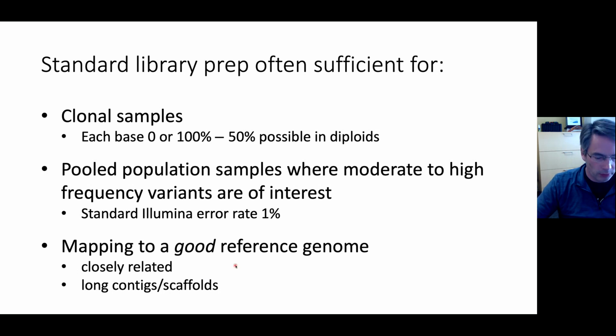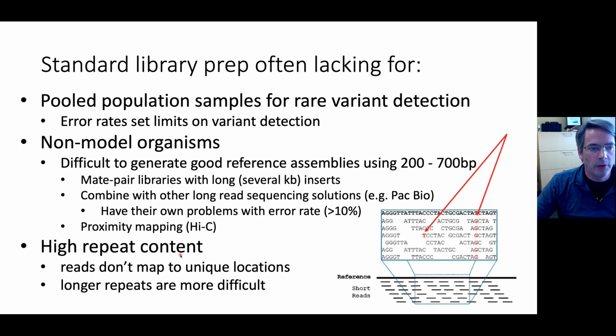If you have a good reference genome, the best ones are where the scaffolds are chromosome length DNA, so very long stretches. That makes for easy mapping. It's often lacking if you're interested in rare variants.